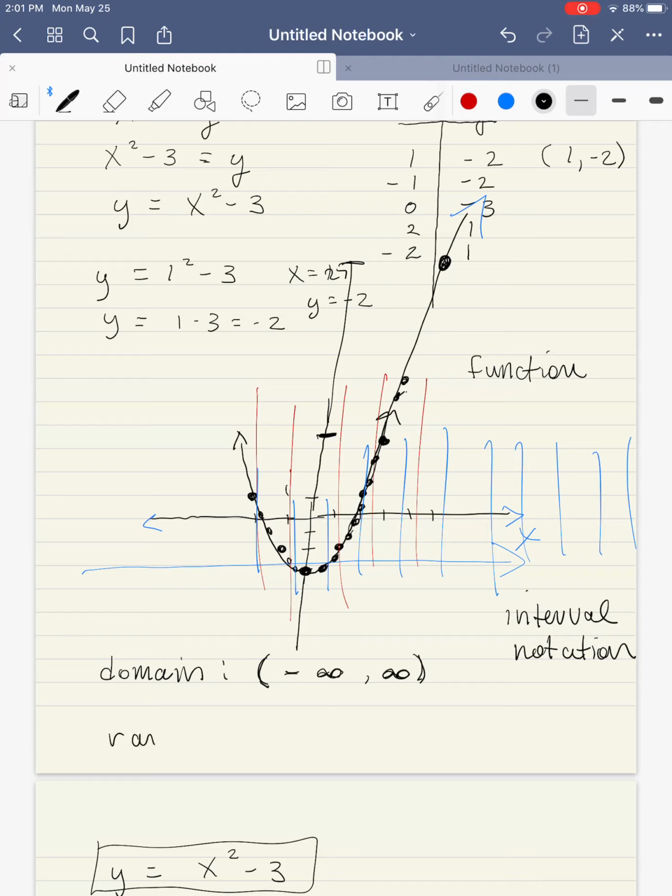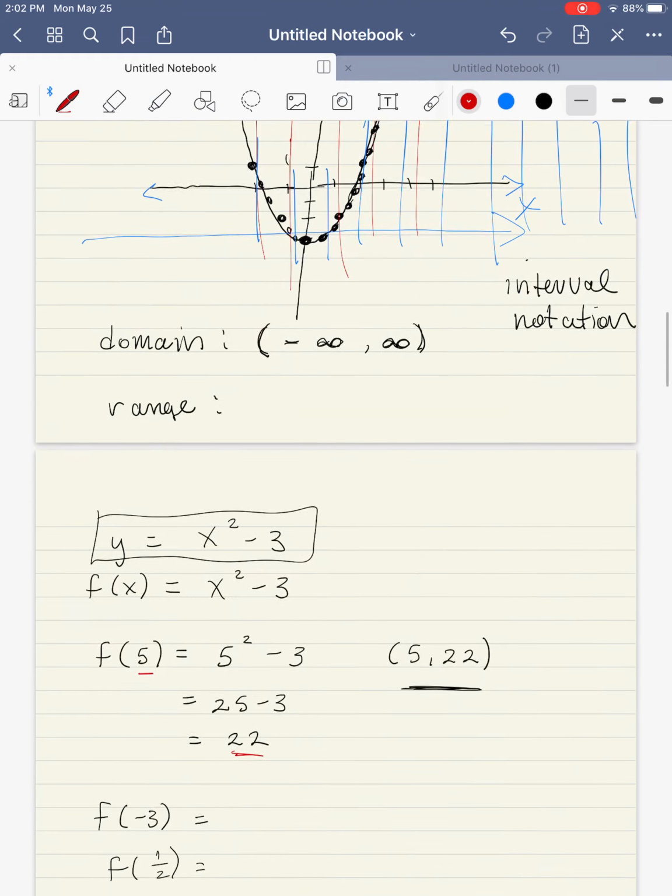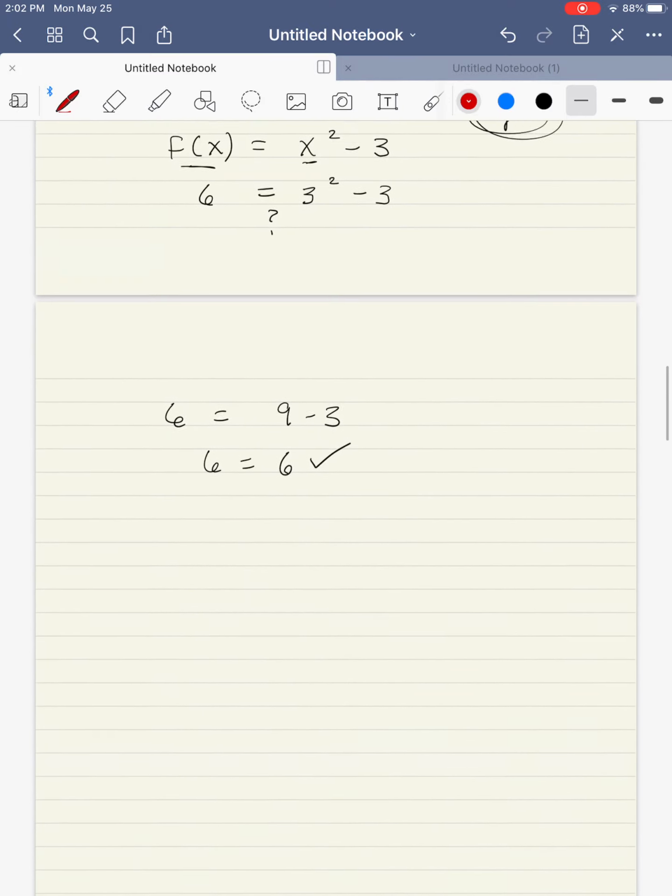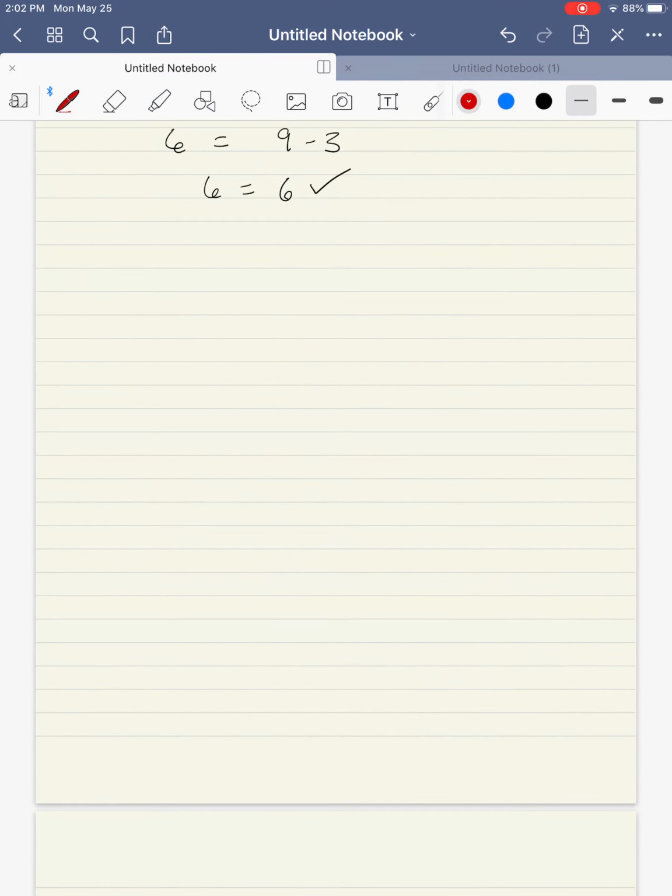Let's look at the range. The range is the values of y. So as I'm going, you know what, I'm just going to come down here and redraw this graph. I'm getting kind of a messy graph there. Let me go ahead and redraw this. I've got f of x equals x squared minus 3.